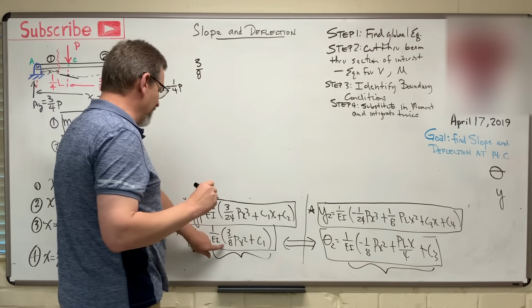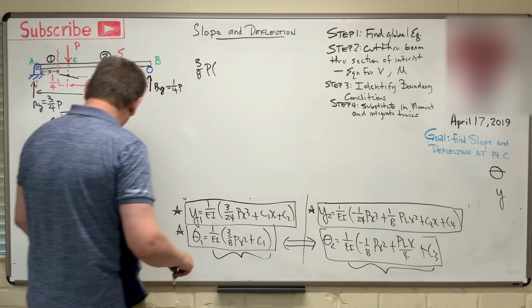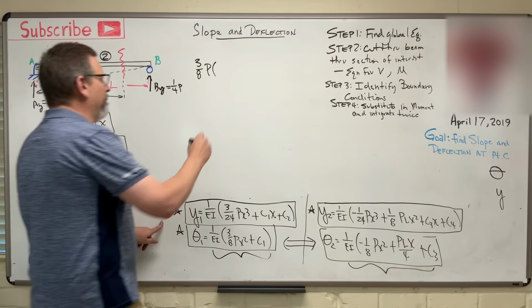3/8 P times x squared, but in place of x, I'm going to put L over 4.